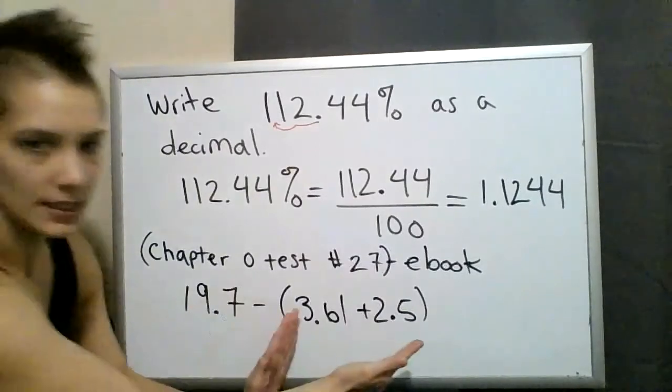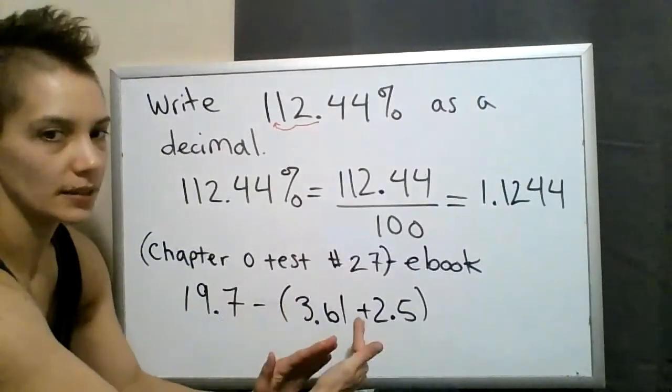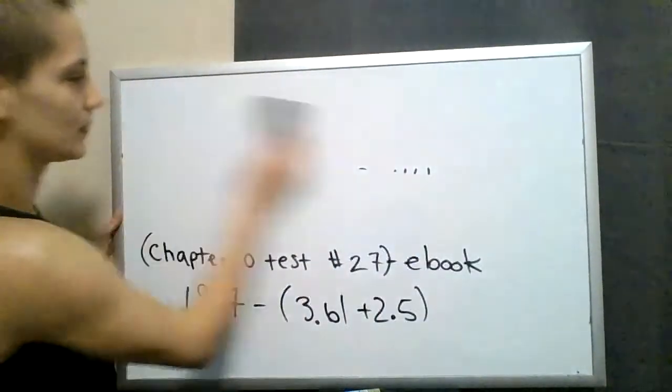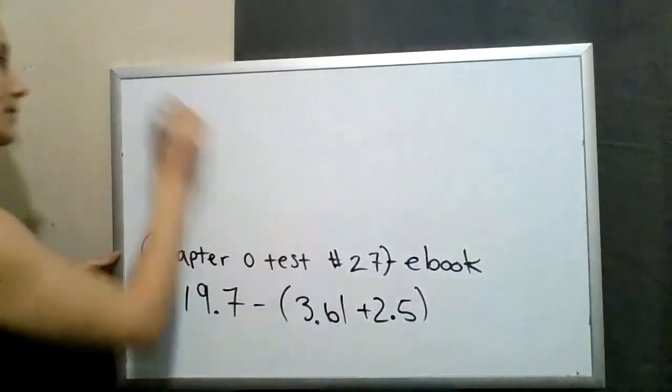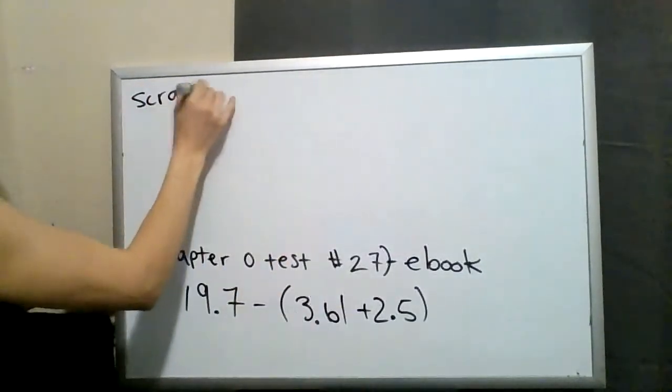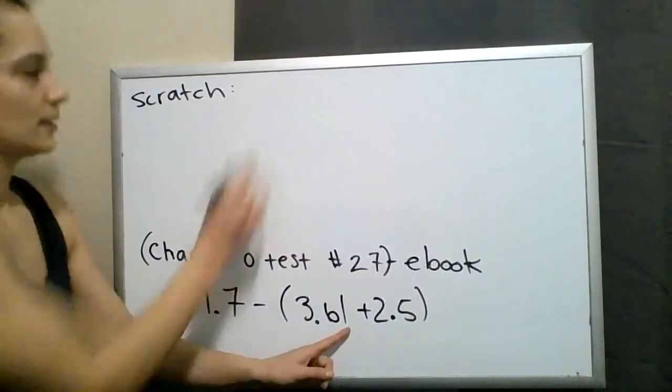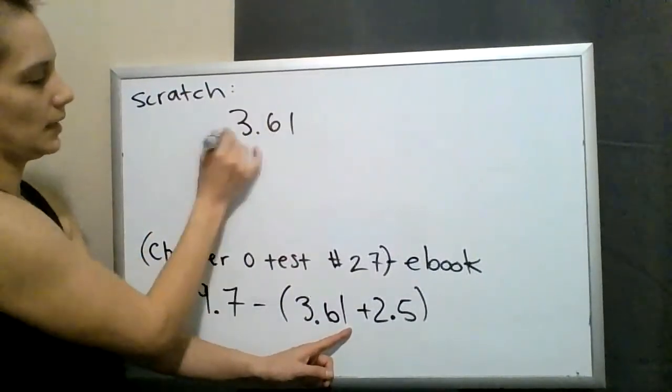First, we go into the parentheses and add those numbers together. 3.61 added to your 2.5.